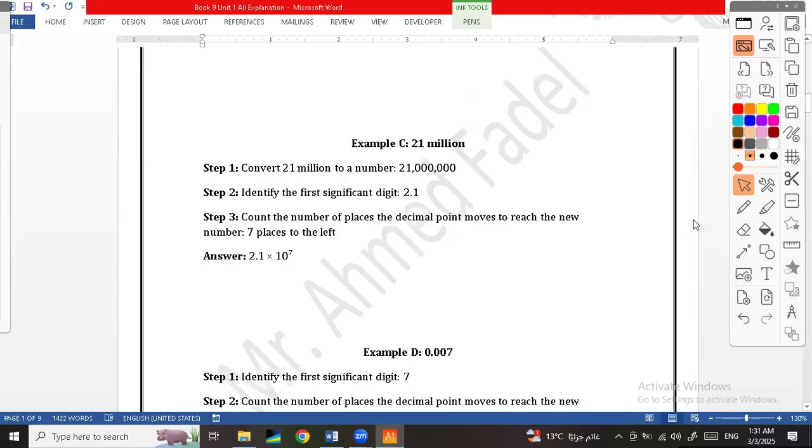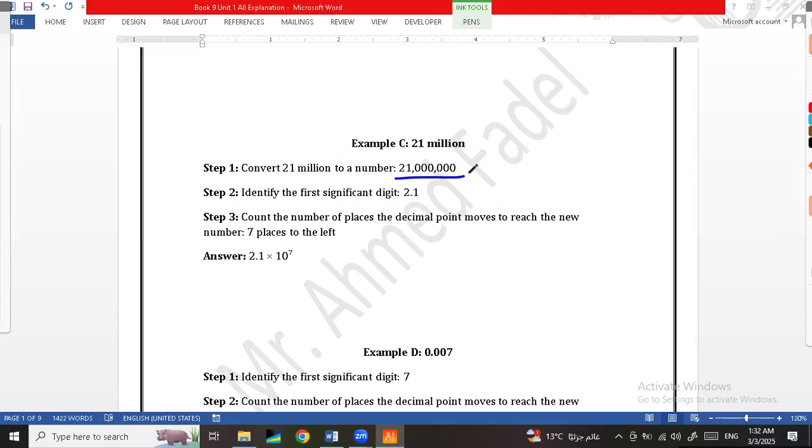21 million. Let's write it in the full form, in digits. So 21 million is going to be 21 and 6 zeros. I need to first identify the first significant figure, so here it is going to be 2.1. This is the first part of the standard form.